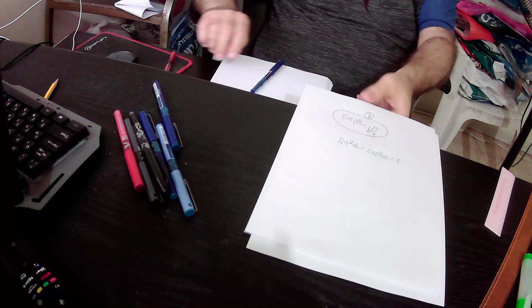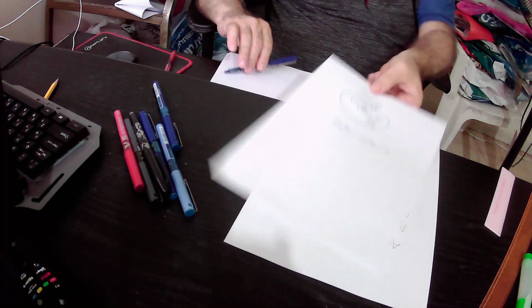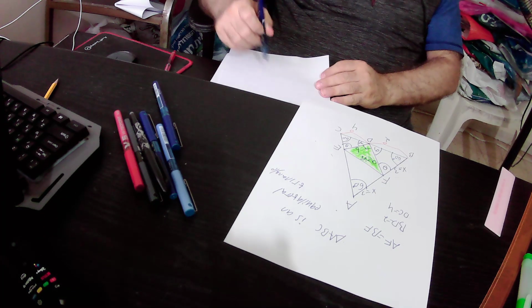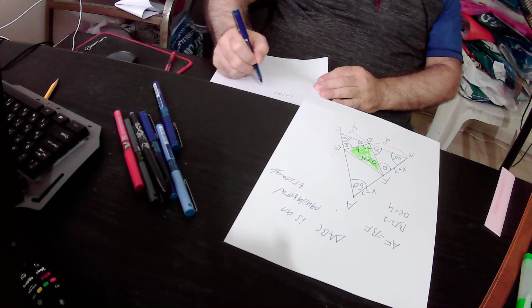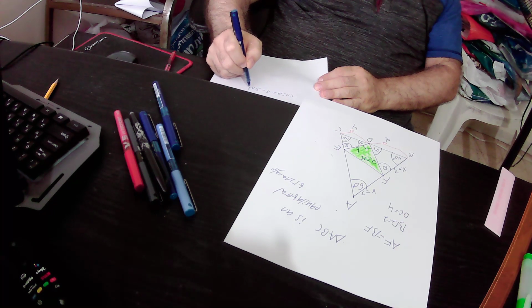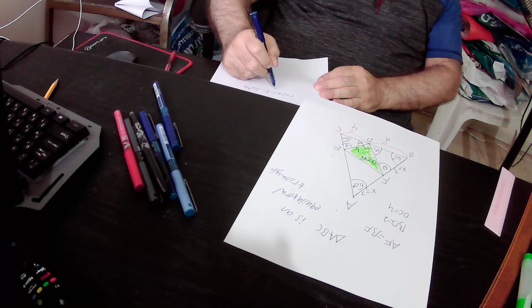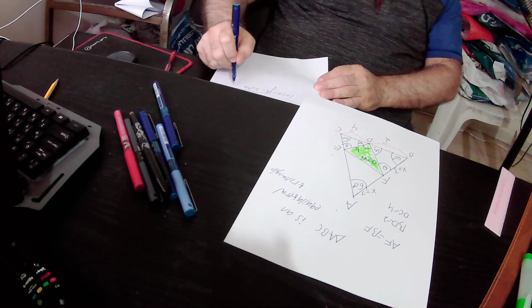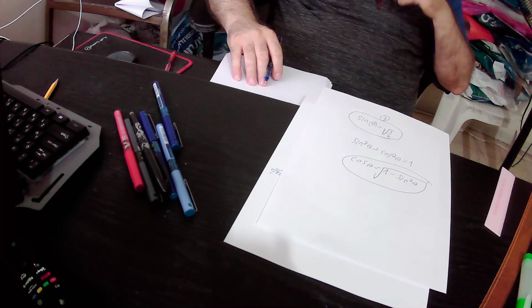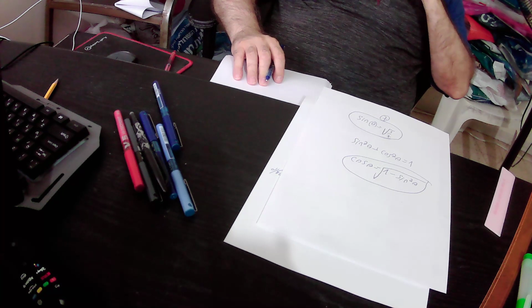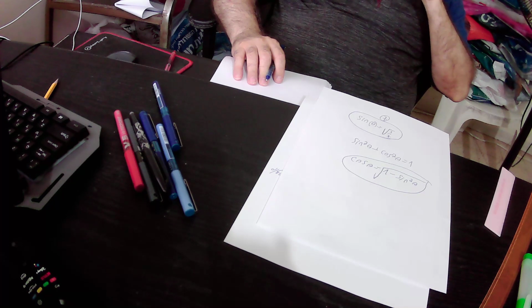We will get that the value of cosine theta equals the root of 1 minus sine theta squared.